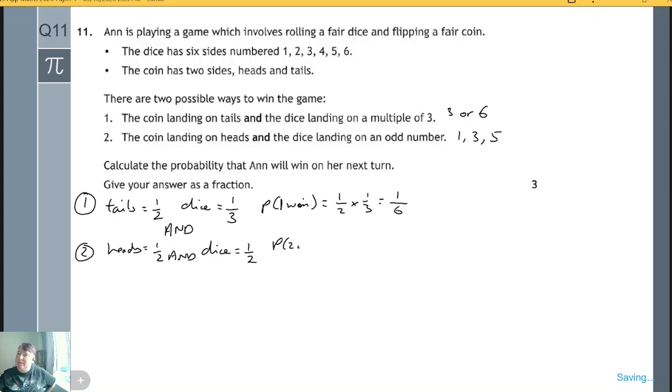So the probability of a 2 winning with method 2 is going to be a half times a half, which is a quarter. Okay.